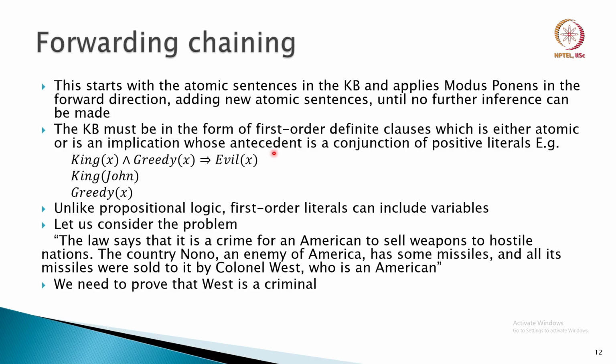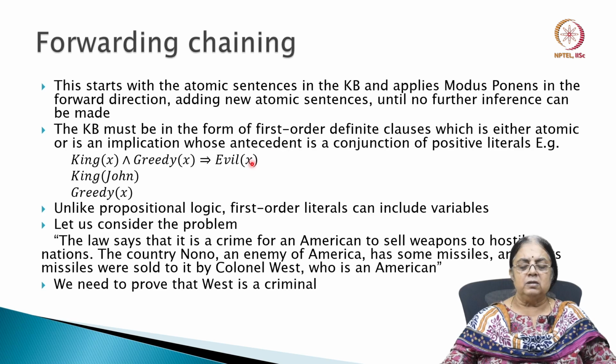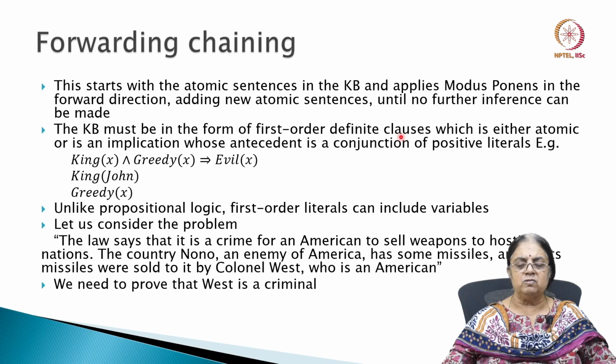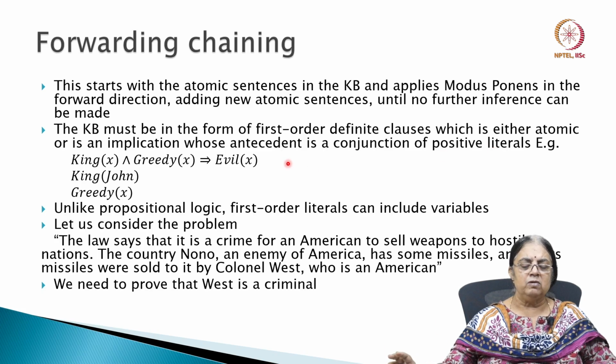You go down the knowledge base, find the rules and see what new inferences you can get. Obviously it should be in the form of first order definite clauses, which is either atomic or an implication whose antecedent is a conjunction of positive literals. So you have to bring it down to that particular form.